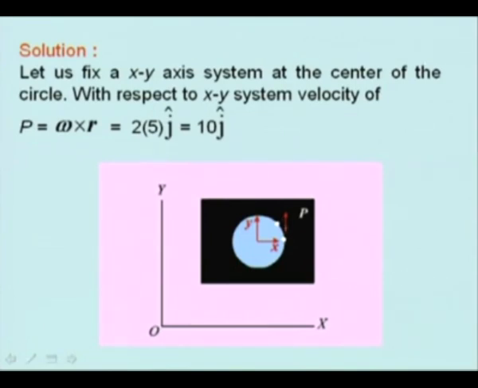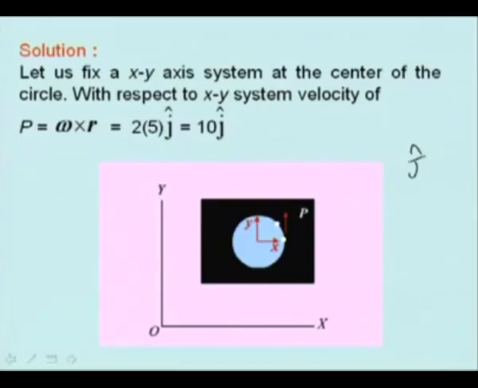Here we have to notice that this small j is the unit vector in the moving reference frame. I could have said capital J also.